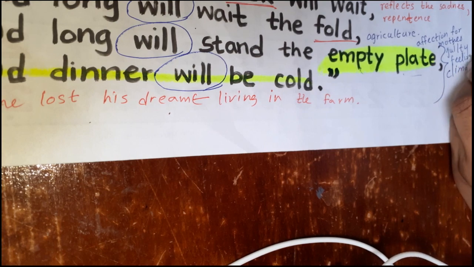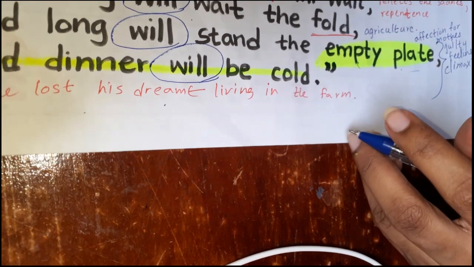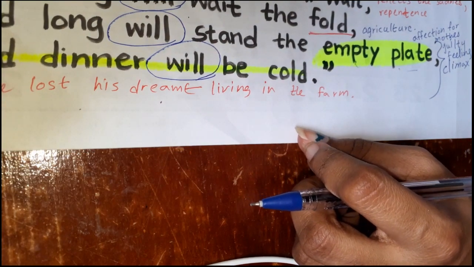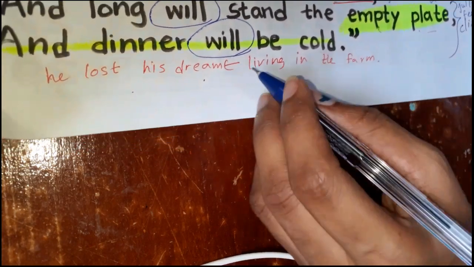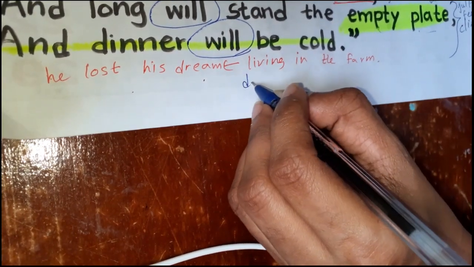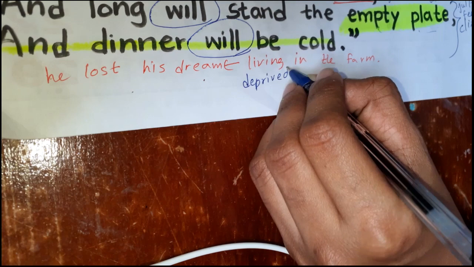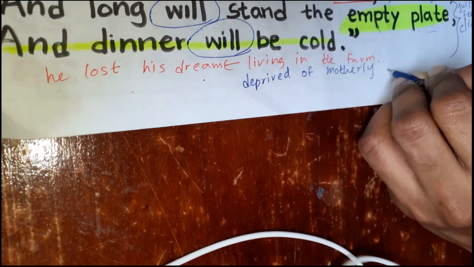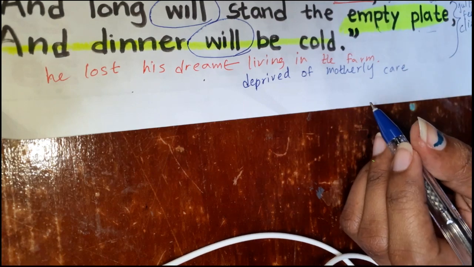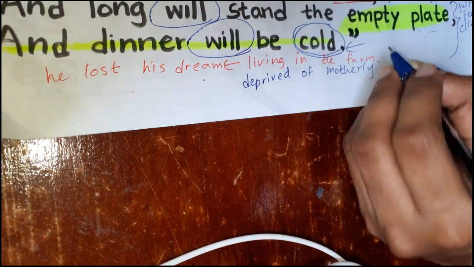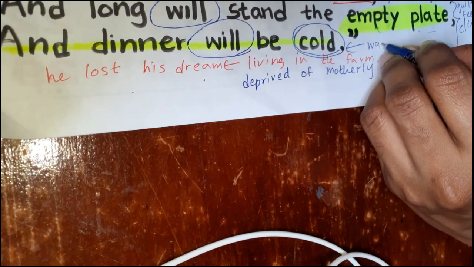As readers, we also feel ashamed at this point about this narrator, and now he is deprived of his dreams and his relationships. Now he has been deprived of motherly care, because cold, now always love and affection goes with warmth.